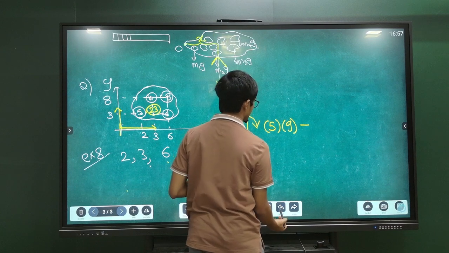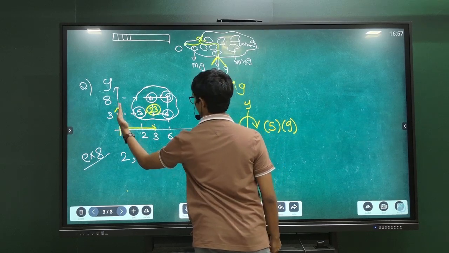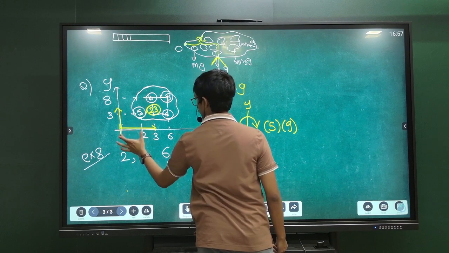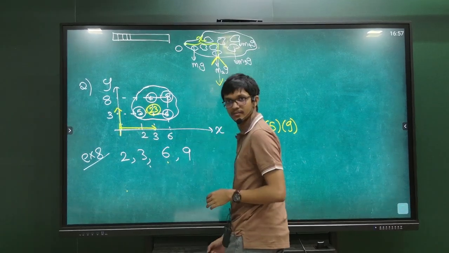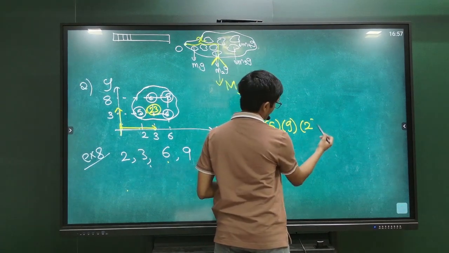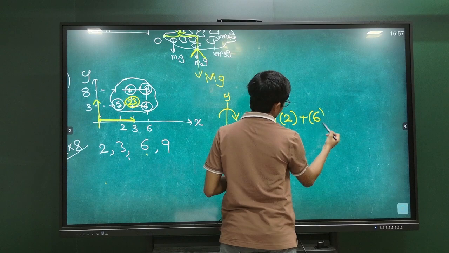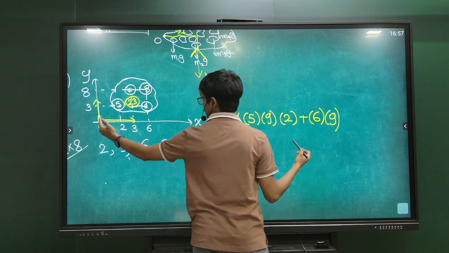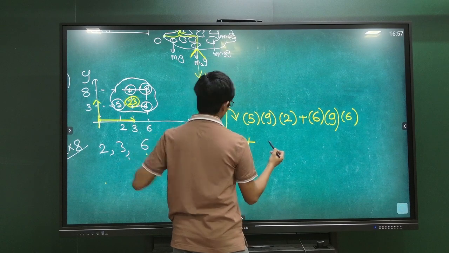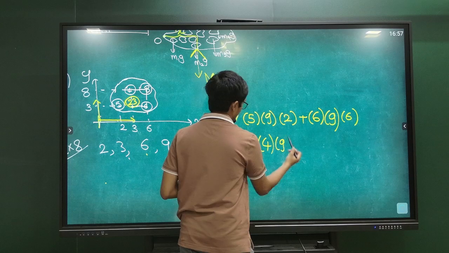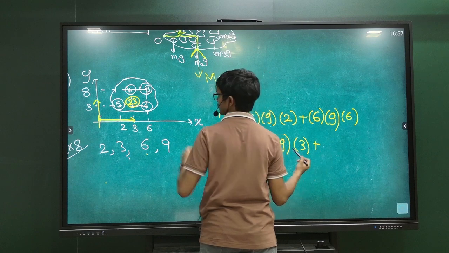What is the perpendicular distance to 5g? එයාට මේ axis එකේ ඉඳන් දුර, what is the perpendicular distance from this axis? 2, right? Clear? Plus, then comes 6g. What is the distance? 6. Then comes 4g, distance 3. Then 8g.